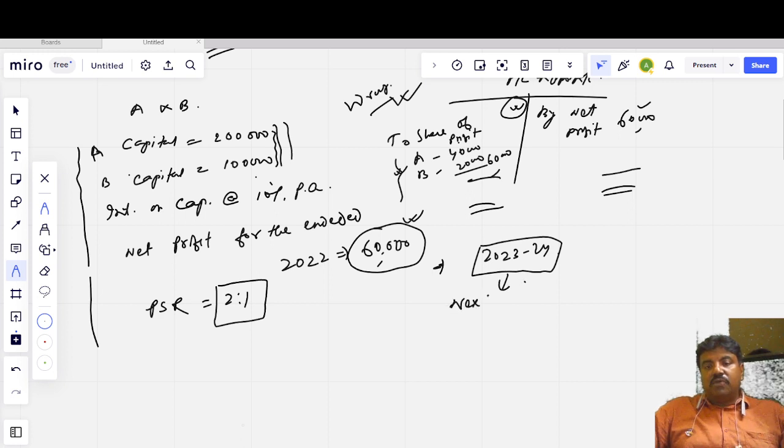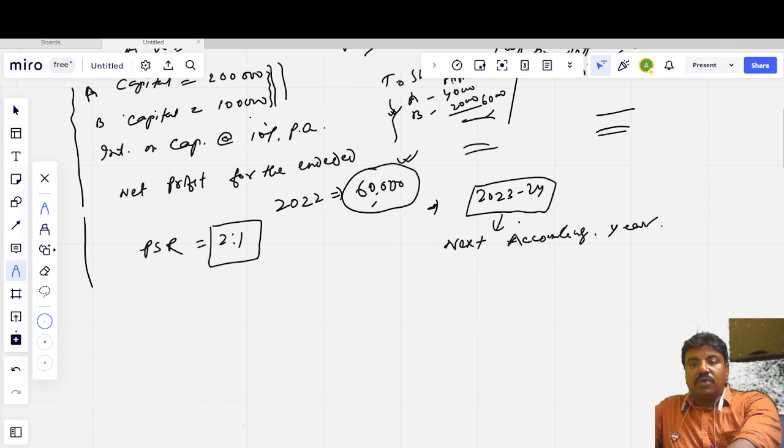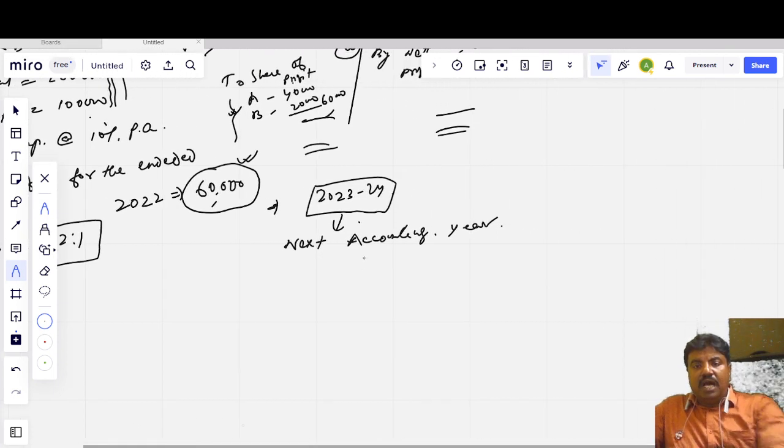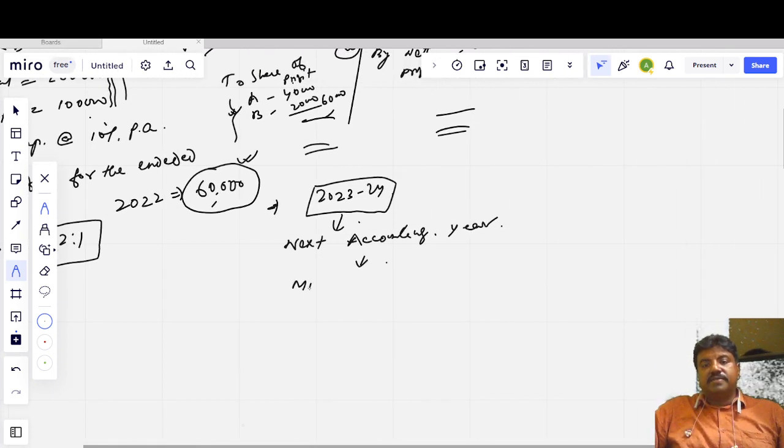So in the next accounting year, how will the mistake be rectified? That is the portion to be considered. What type of mistake did the accountant make? That interest on capital was not provided. So in the next accounting year, the mistake is to be rectified.